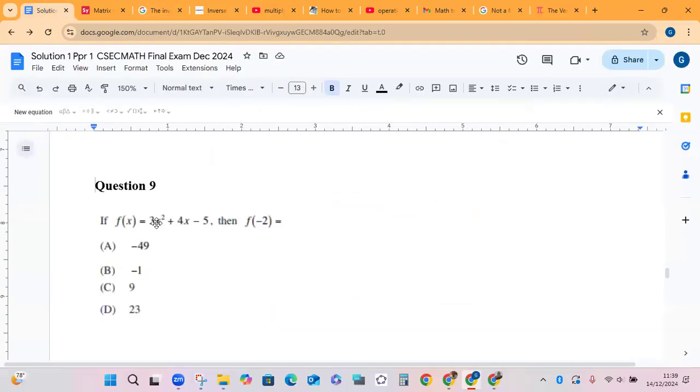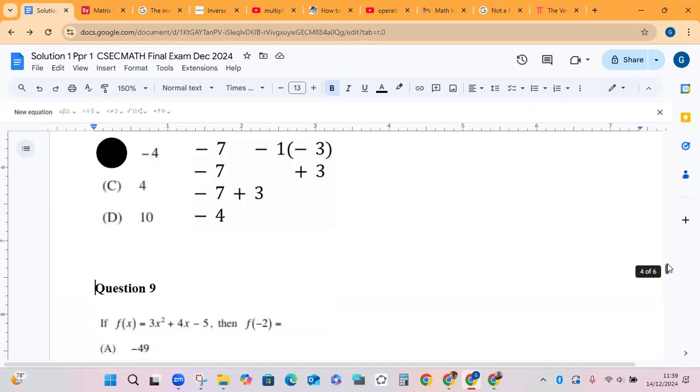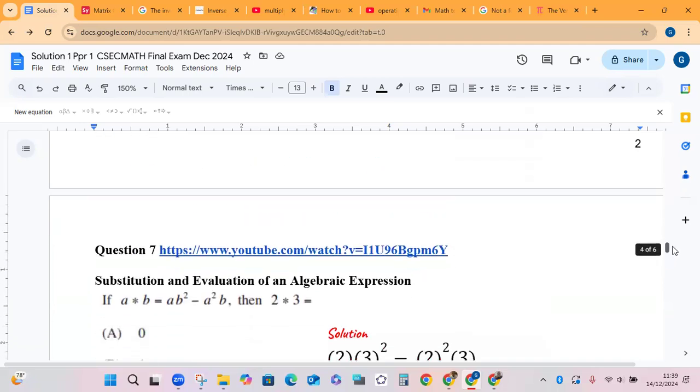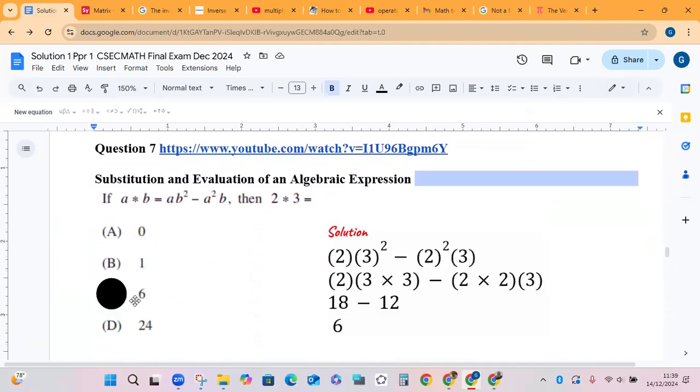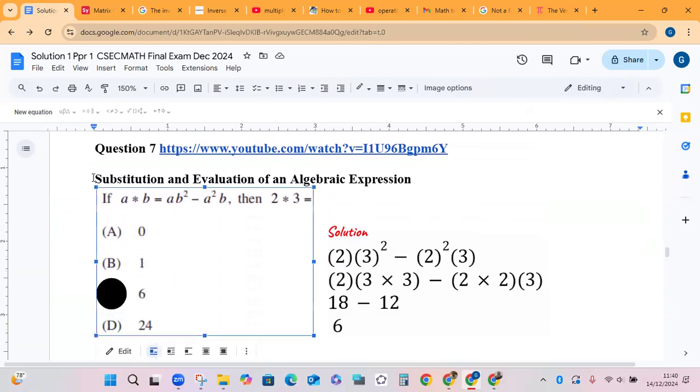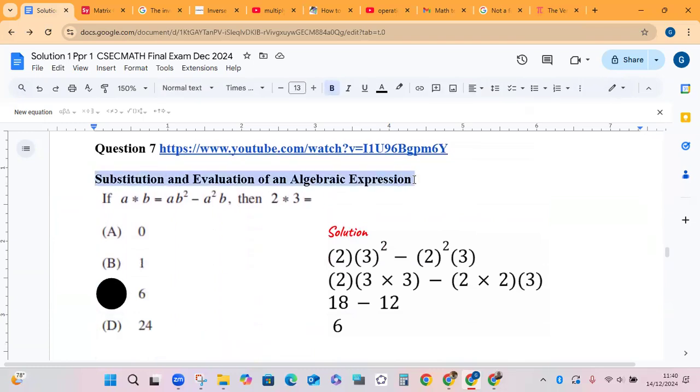Now, this is a function, 3x squared plus 4x minus 5. That's a quadratic function because of the 2. Here is a simple case of substituting and evaluating into a function. Now, the function, the expression, is an algebraic expression. So this clearly relates to number 5, 6, and 7, substituting and evaluating into an algebraic expression of a function.